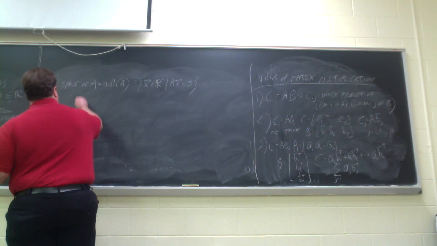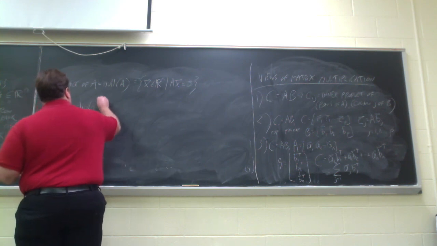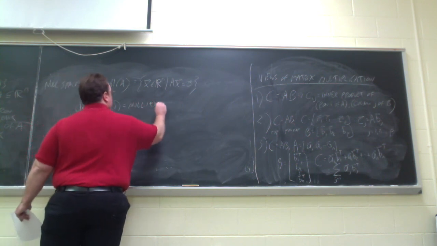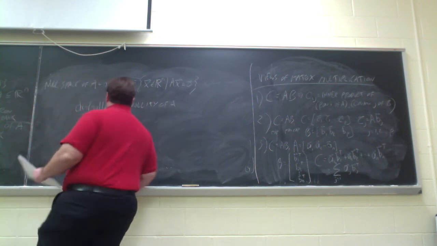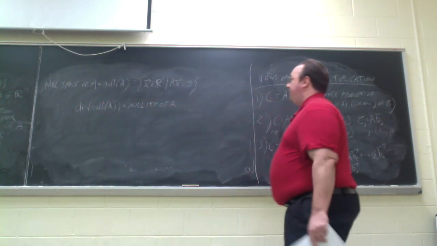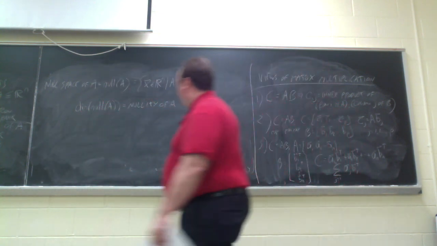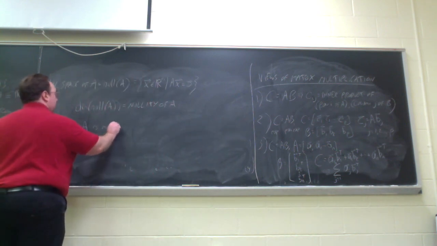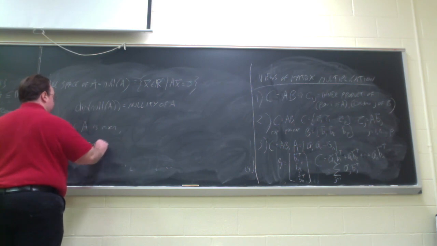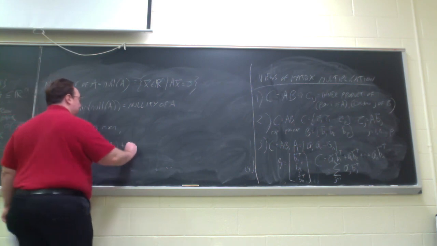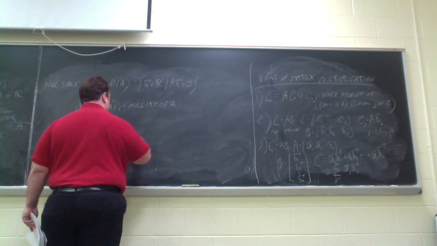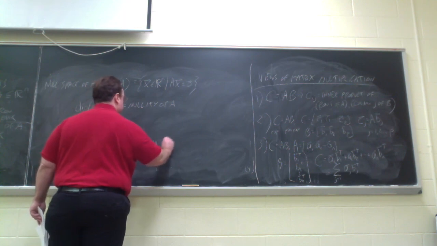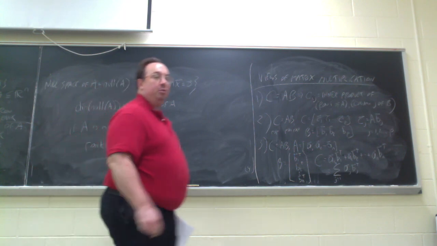Now, the dimension of the null space is called the nullity of A. And there's one very important theorem, I believe it's called the dimension theorem, that states that if A is n by n, then the rank of A plus the nullity of A is equal to n, the number of columns.